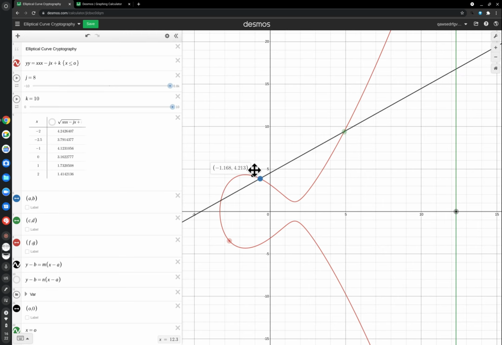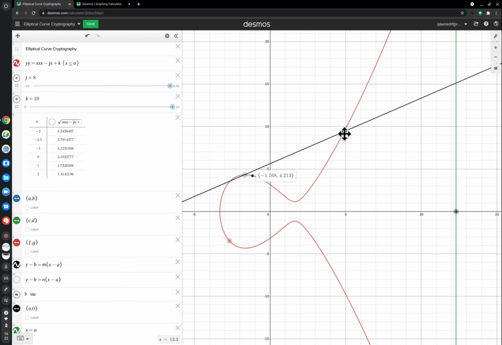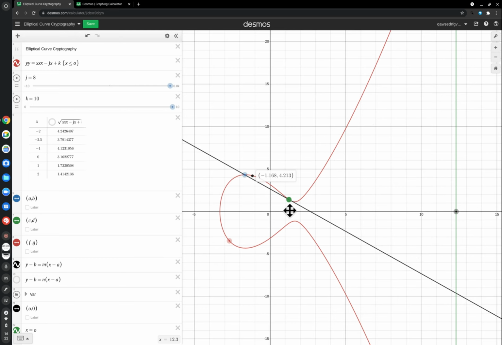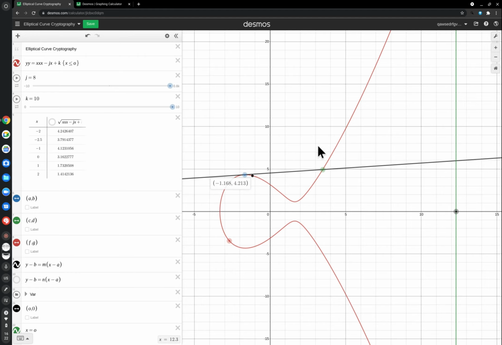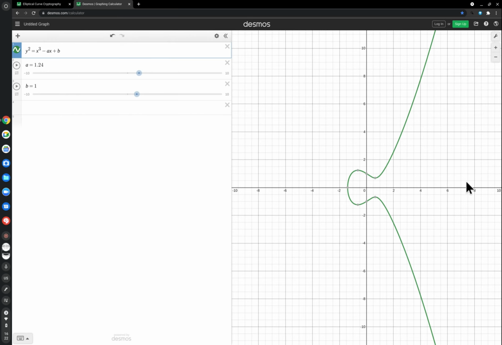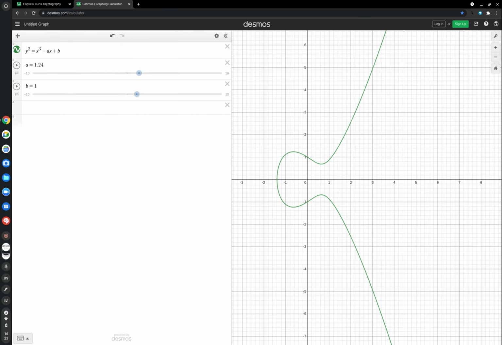The minimum is 2, the maximum is 3. Usually it will only intersect in 2 spots when it's a tangent line. If you're doing calculus, you know what tangent lines are, how you find them. Anyway, so we have our elliptical function, and we use this for encrypting.